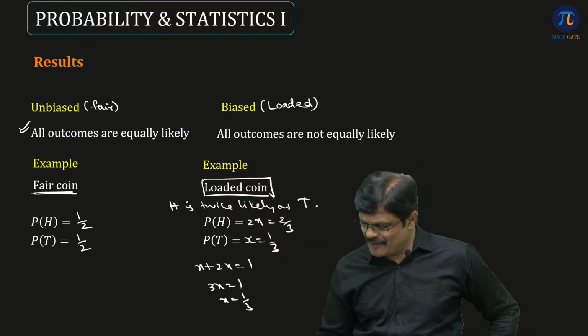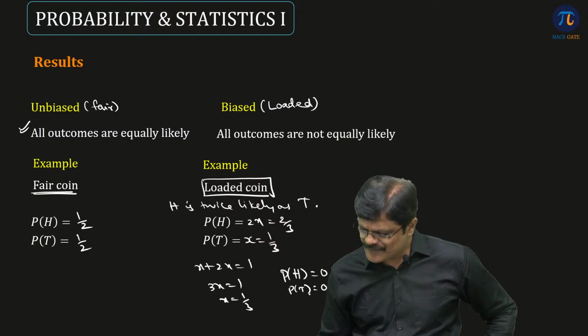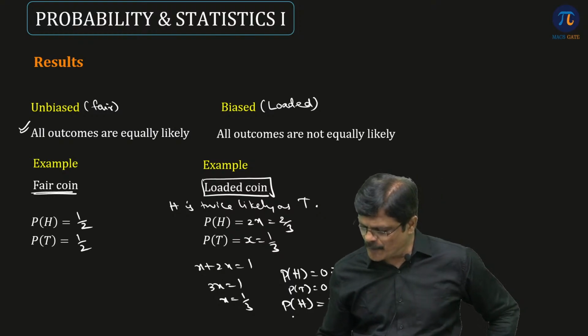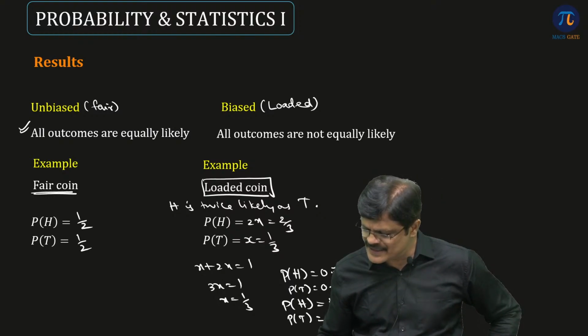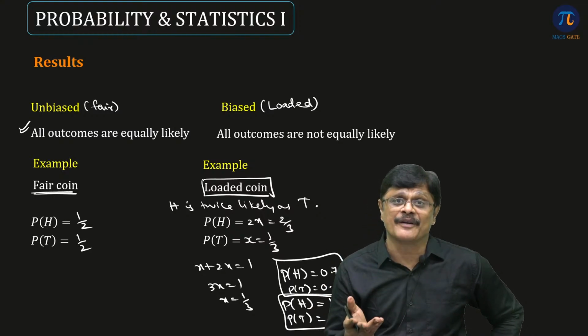For example, head is 0.7 and tail is 0.3. Or you may see the coin where both sides are heads, then the probability of head is 1 and tail is 0. So for loaded or biased ones, we need to define how they are biased.